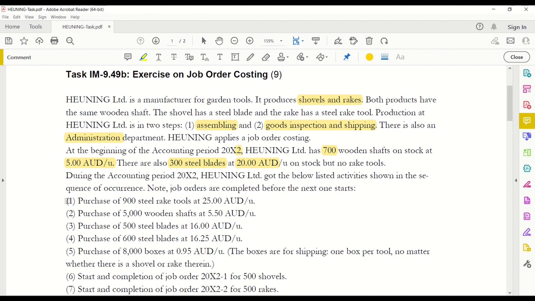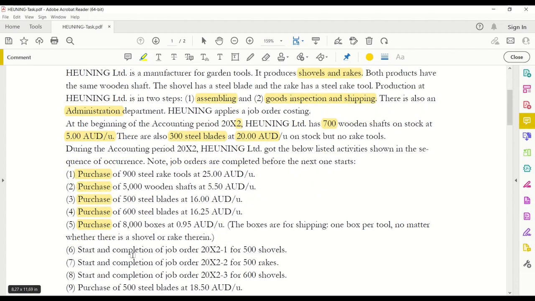And now there are the activities. Activity 1 is the purchase of steel rakes. Activity 2 is again a purchase, of wooden shafts. Number 3 is again of steel blades. Number 4 is of steel blades. Then we have to start and complete the job order.